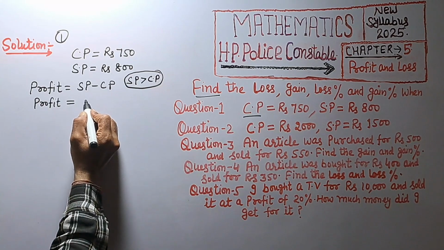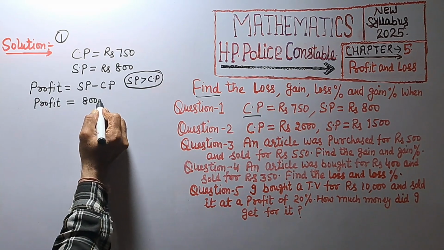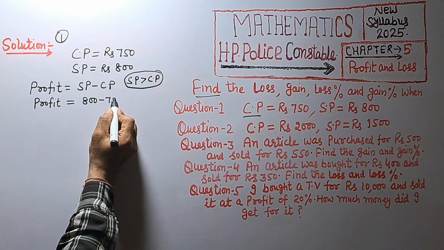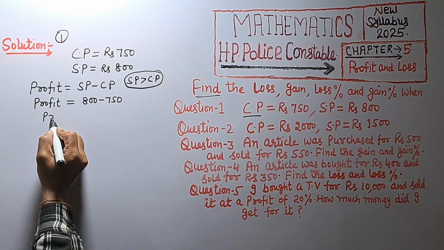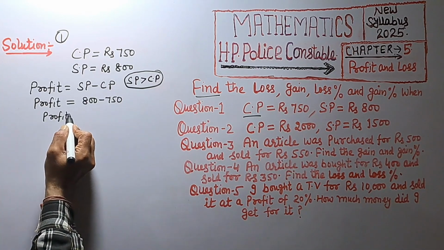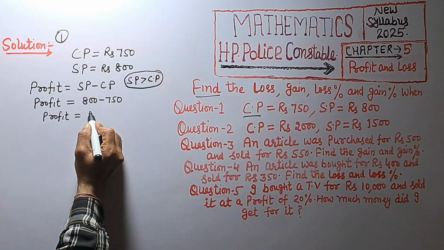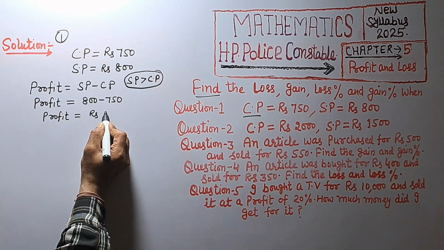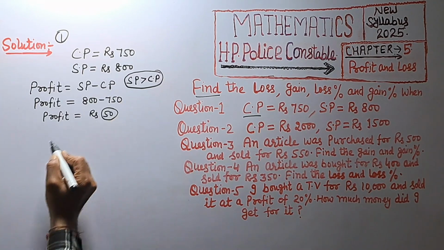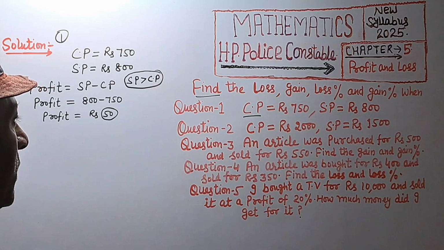Profit equals 800 minus 750, that is equal to 50 rupees profit.